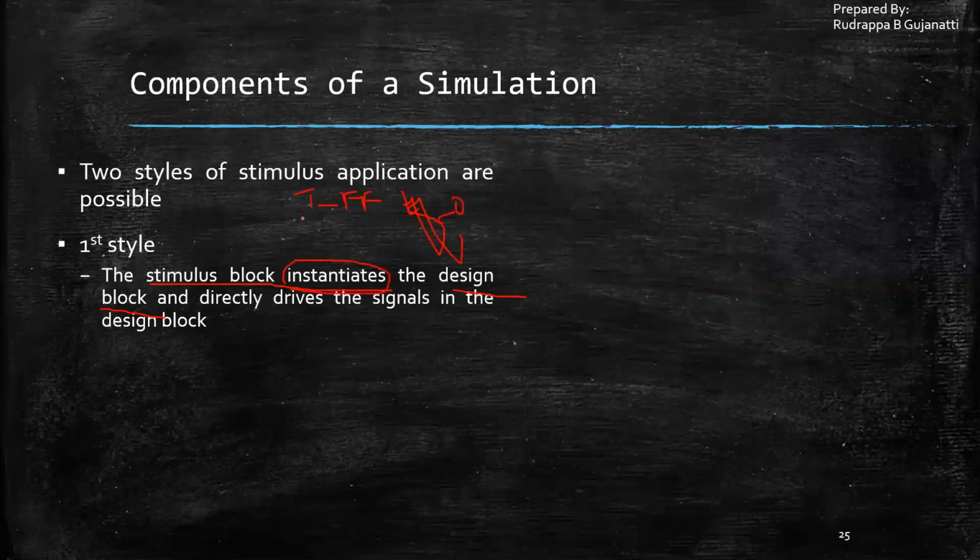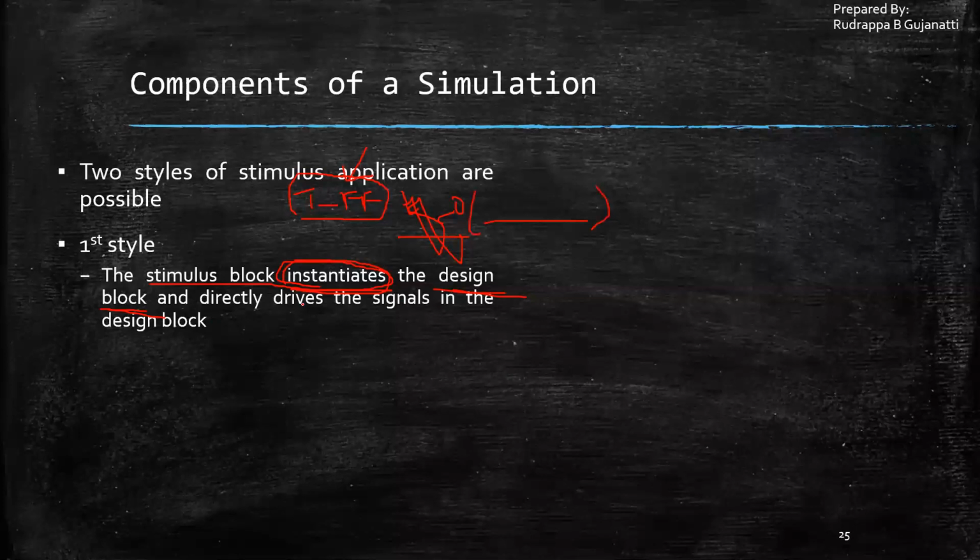So we are creating instances of this block T underscore FF. This is the design block which is present, and this is the instance of this design block. In the stimulus block, I can create instances of that module or the design block, and I can pass some parameters and I can test the overall condition.